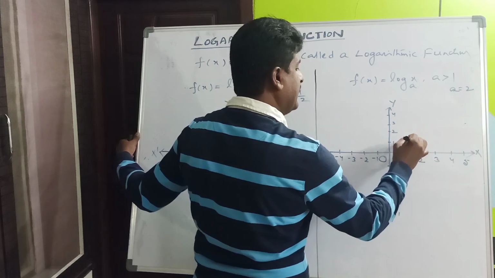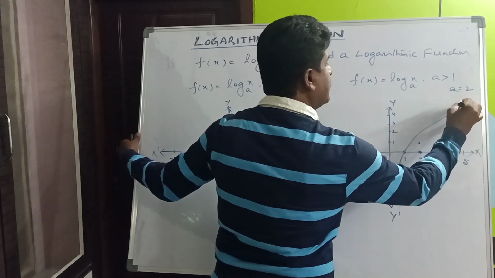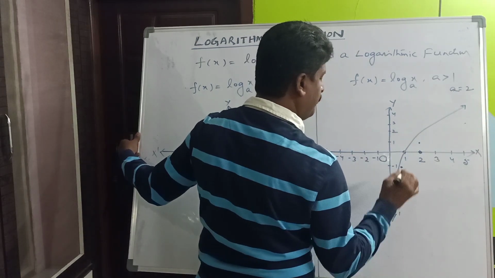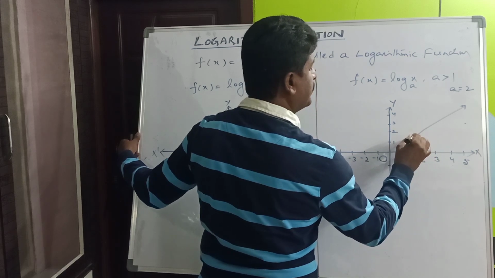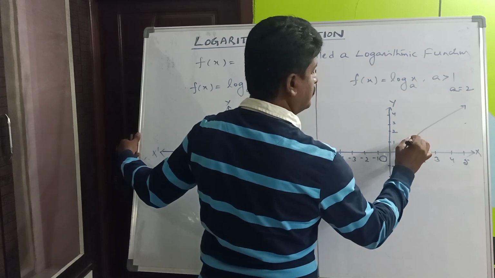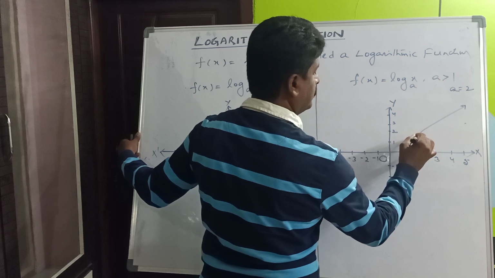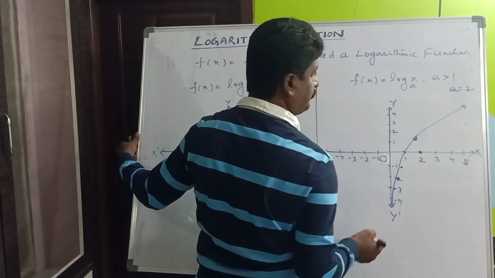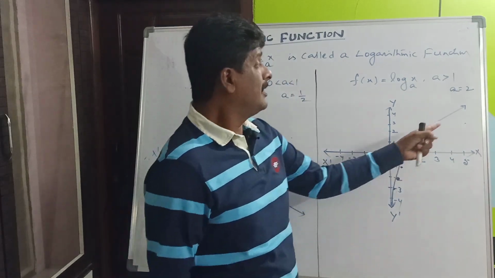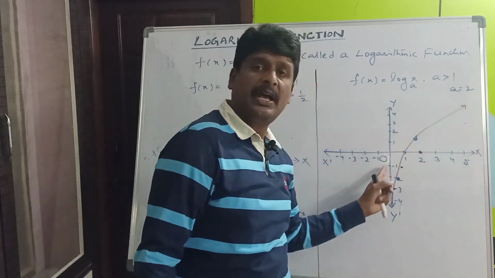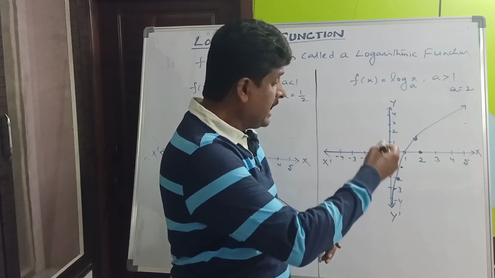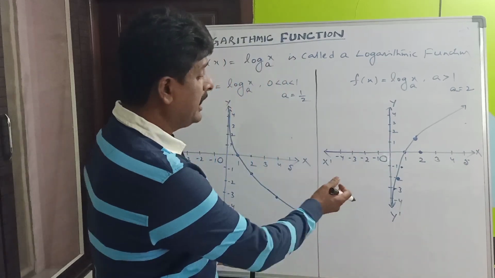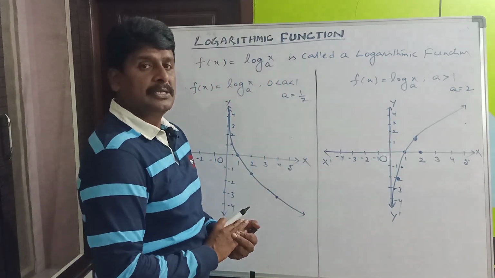So in this case, this is the graph of the logarithmic function. Observe that here the graph of the logarithmic function is asymptotic to the negative y-axis.